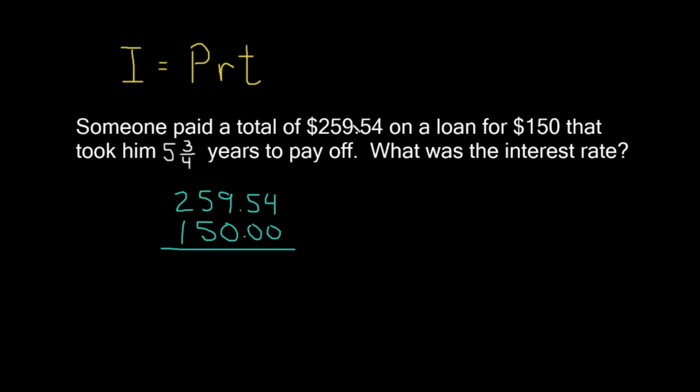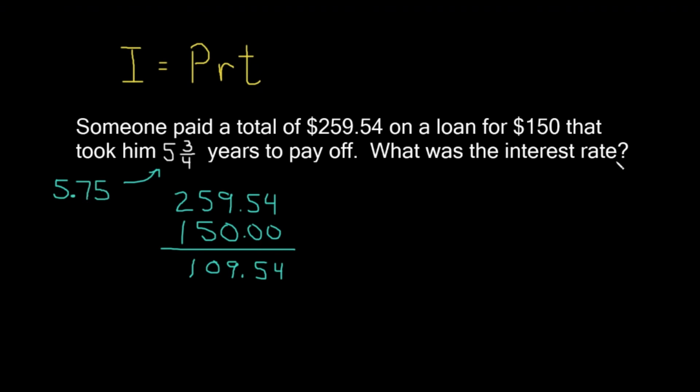Right now we have the interest plus the loan amount, and we just want the interest so we can use our formula. So we end up with $109.54 of interest. We also know that it was 5 3/4 years. So we could convert this to a decimal. 5 3/4 is just 5.75.